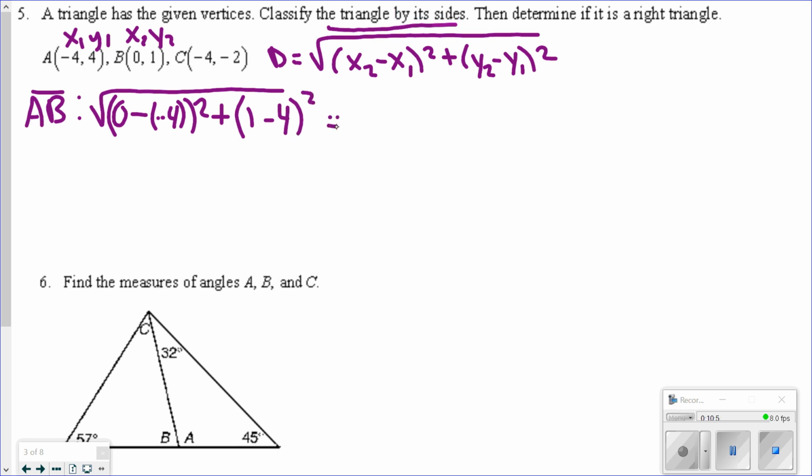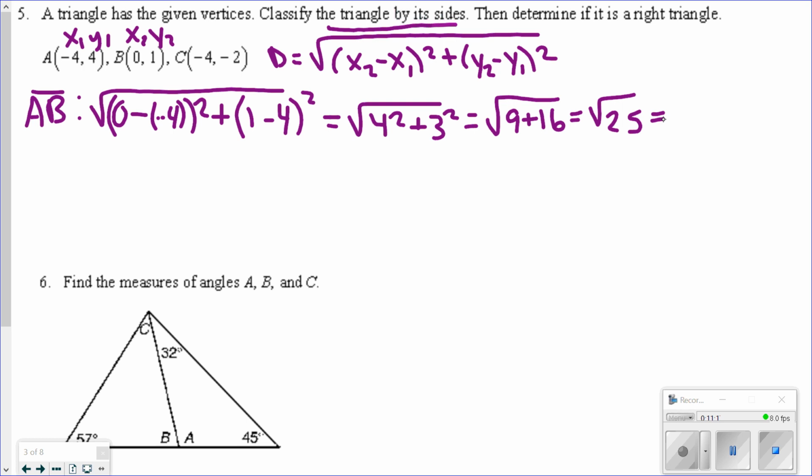All right, so when I put this in my calculator, I end up getting the square root of 4 squared plus 3 squared, which if I simplify this, is the square root of 9 plus 16, which is equal to the square root of 25, which simplifies to positive 5.